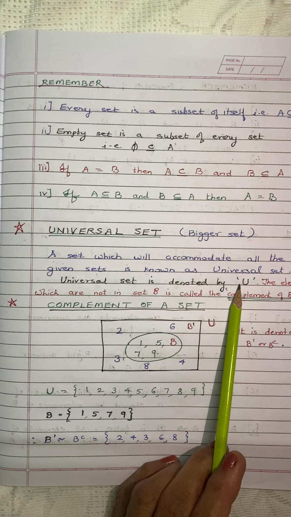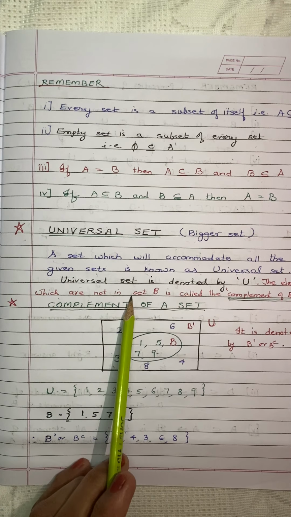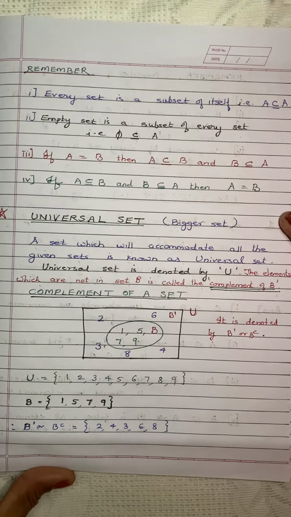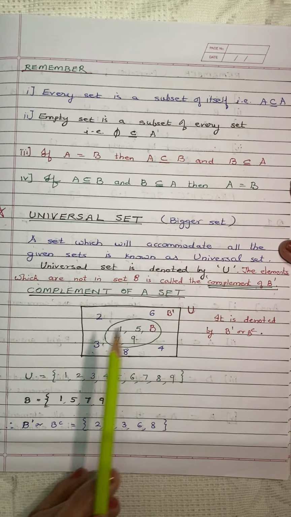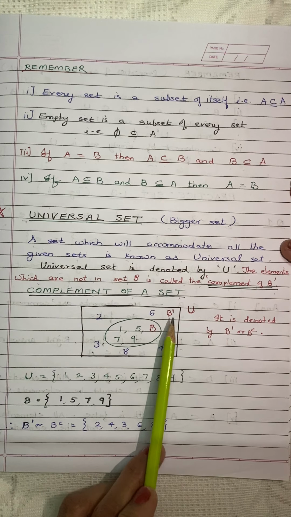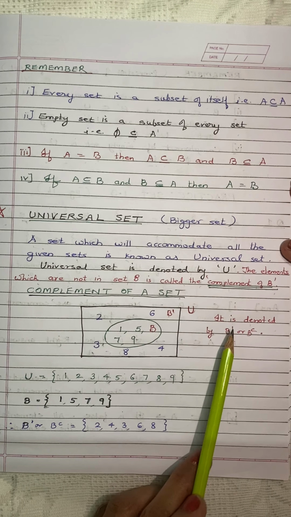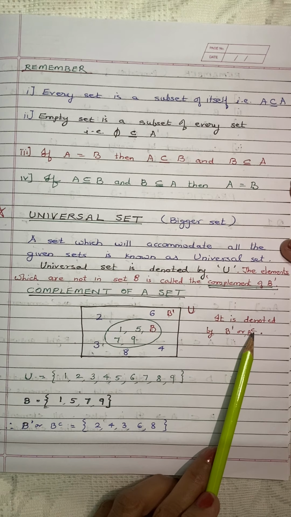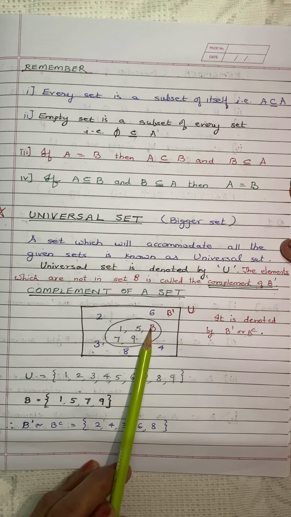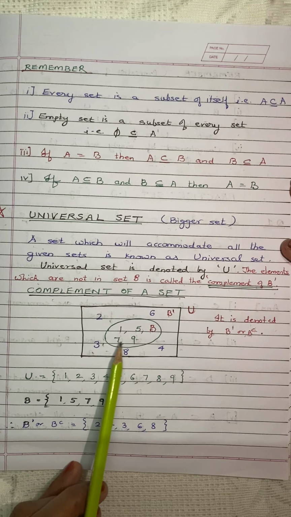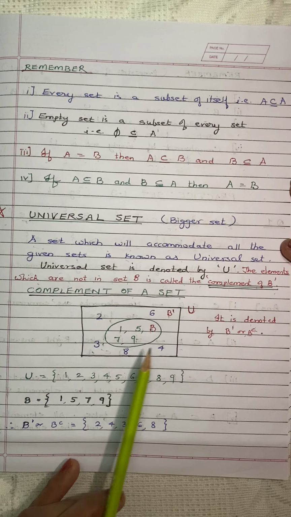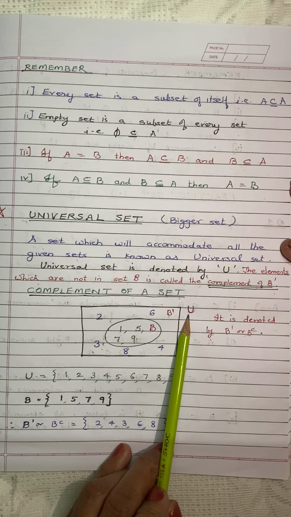The universal set is denoted by U. The elements of U which are not in set B are called the complement of B. Here the universal set includes all of B and the complement of B. The complement of B is denoted either by B dash or B with a small c to the right above B.